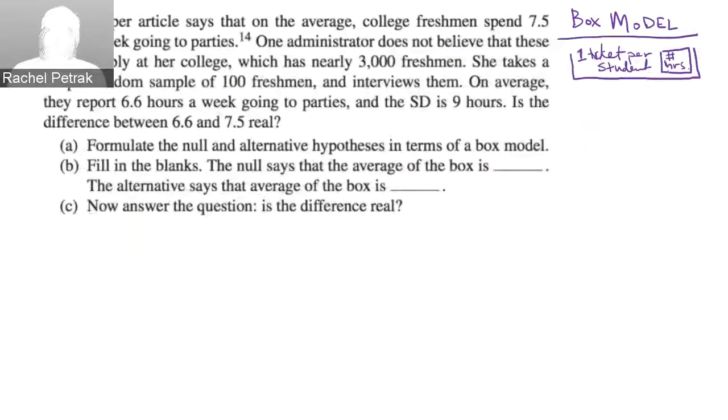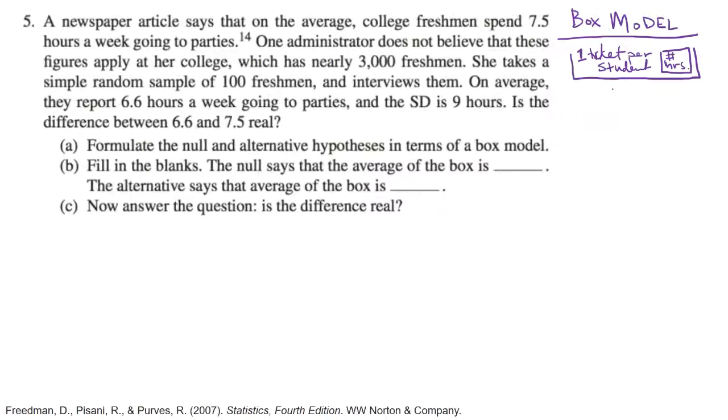When we draw the tickets from the box, we pick our random sample of 100 freshmen and collect the number of hours for each of them. So there are how many tickets total in this box? Yes, 3,000. The box is the population. We take a sample of 100 freshmen. Those are our draws from the box.